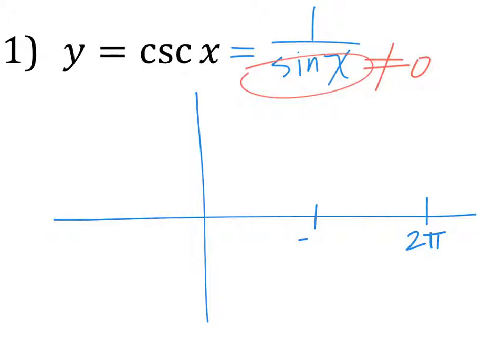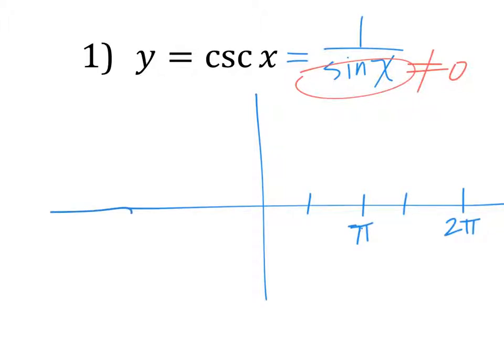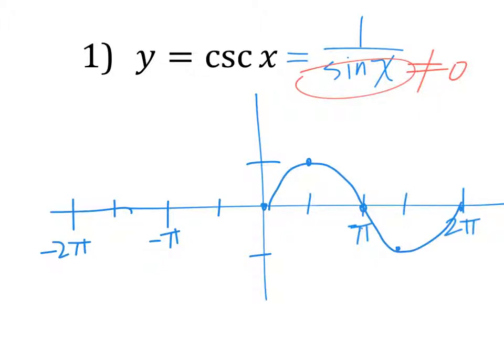Pi is halfway, and then let's go to the left as well. Negative 2 pi, negative pi, and 2 more. So it starts at 0, goes up 1, and down, down, up. And then same thing on the left.